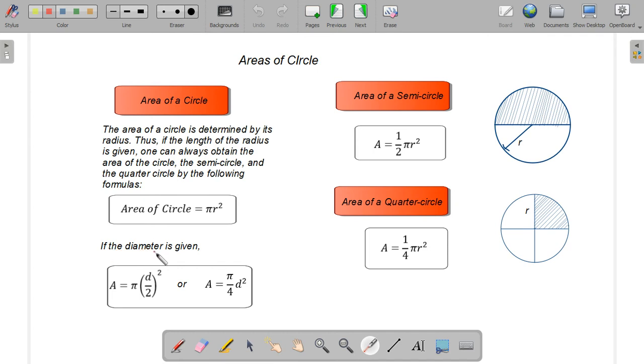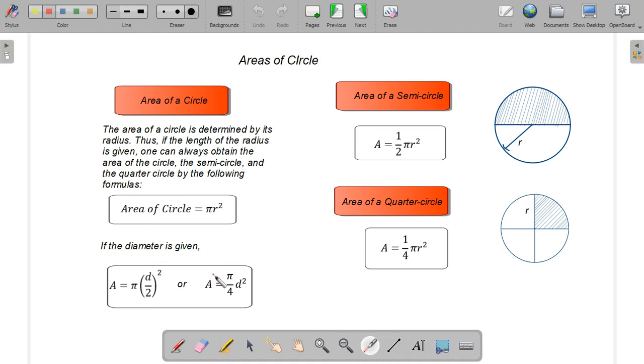And if the diameter is given, we can write A equals pi, open and close parenthesis, D over 2, and then raised to 2 or squared. Or we can say that A is equal to pi over 4 d squared. Because if you distribute the exponent to d and 4, this will give you the result.